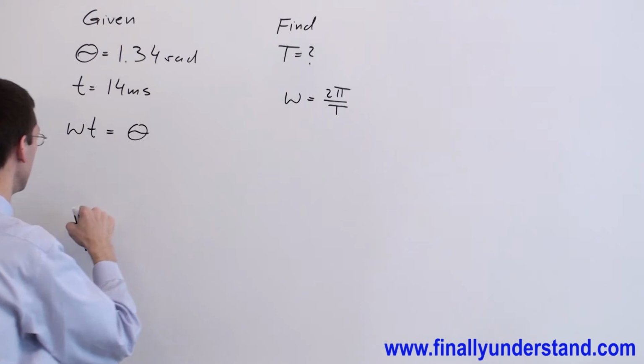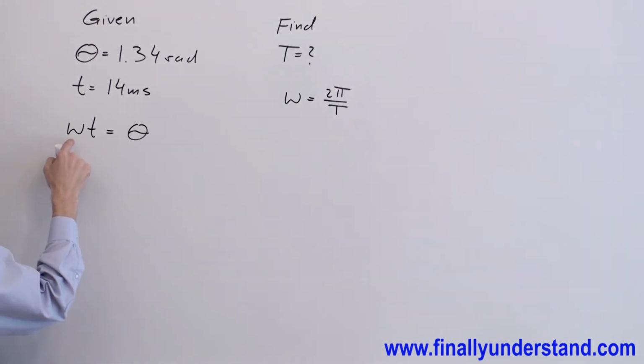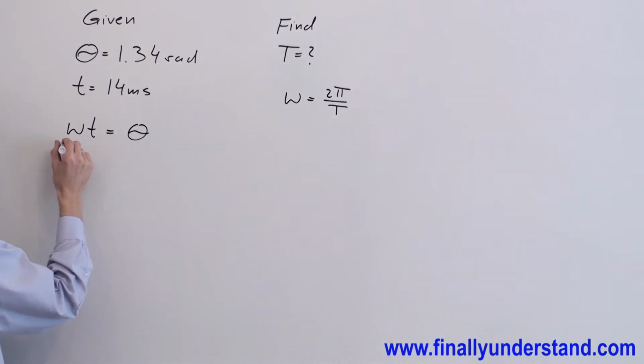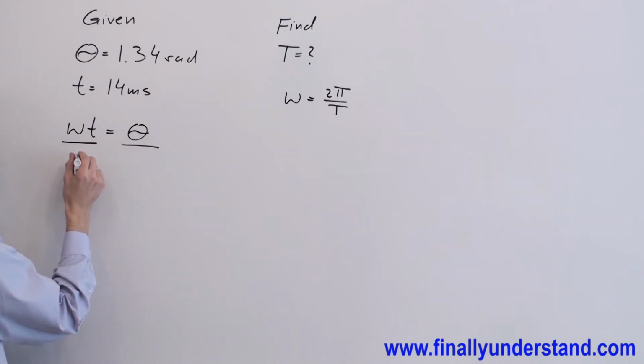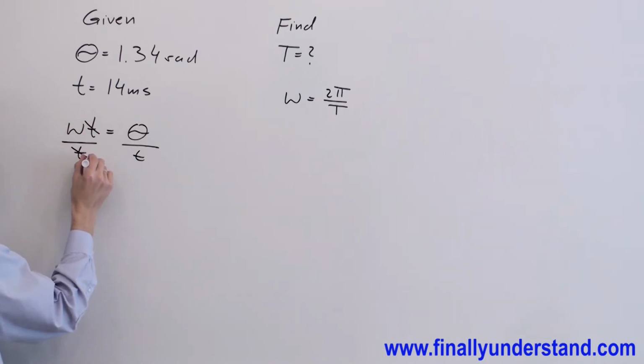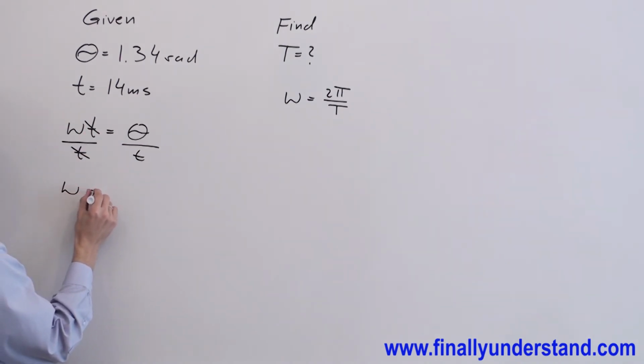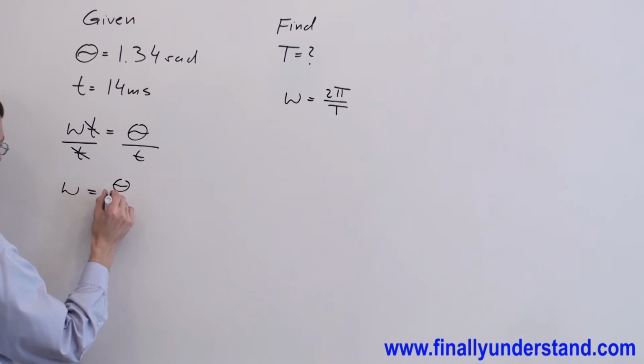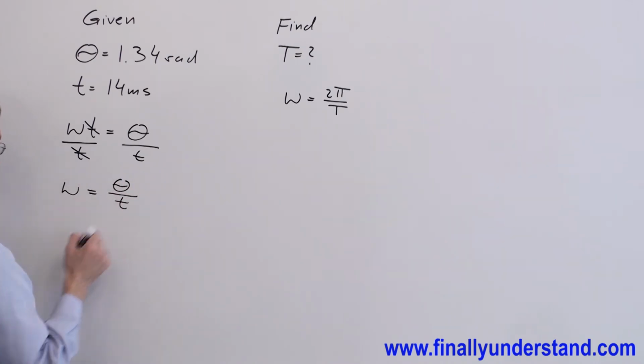That's why I have to find omega first. In order to find omega, I have to divide both sides of the equation by t. T and t will cancel out, and I have omega is equal to theta over t.